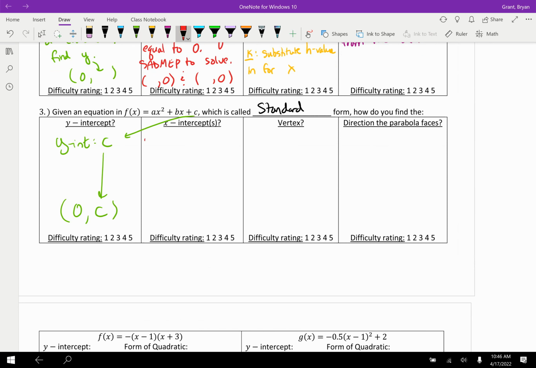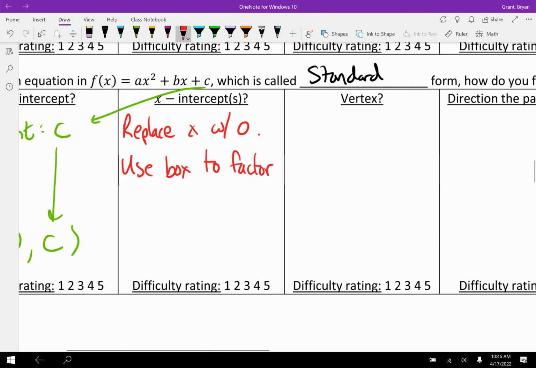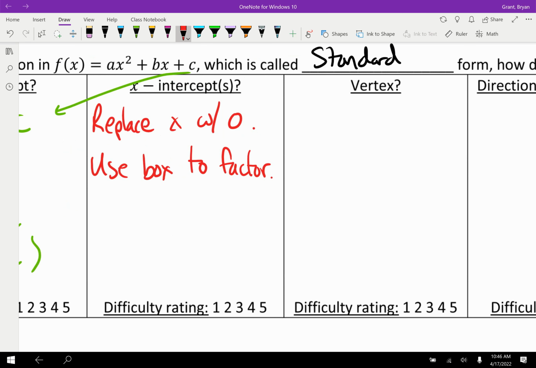First, we had to substitute x with 0. Then we had to use the box to factor. And then we had to use the zero product property to solve. A bunch of steps there.